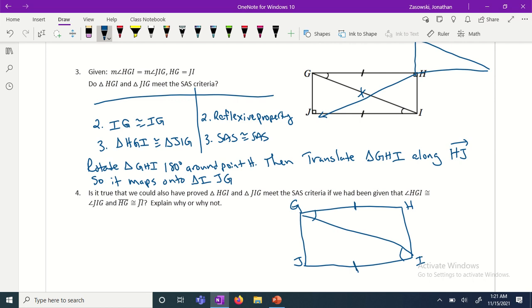Okay, could we have done it this way? Sure. For the same reason, right? So we could say that IG, yes, IG is congruent to IG, okay, by the reflexive property.